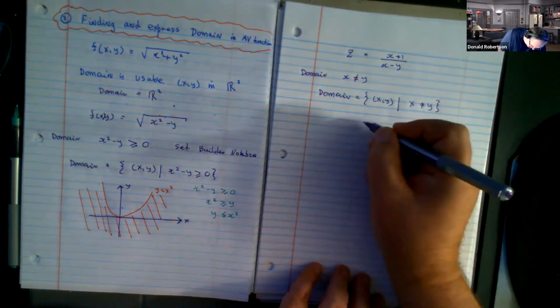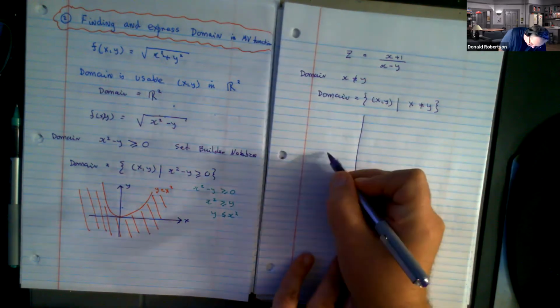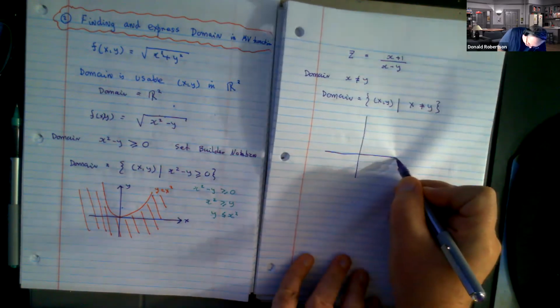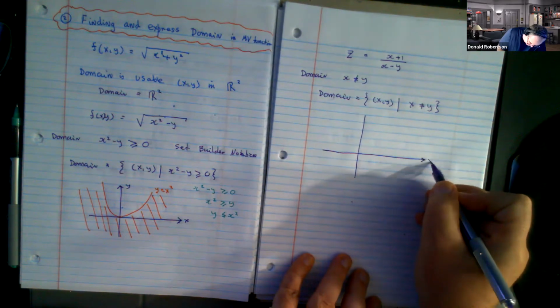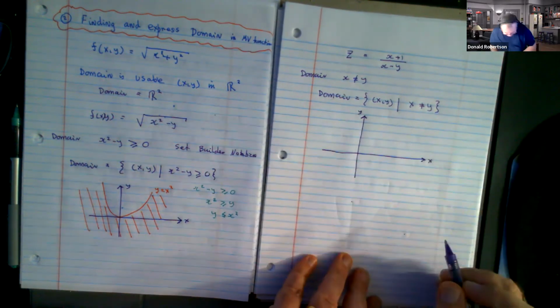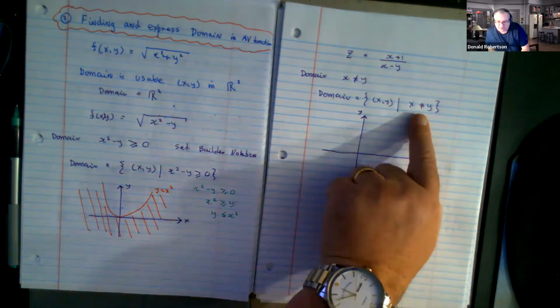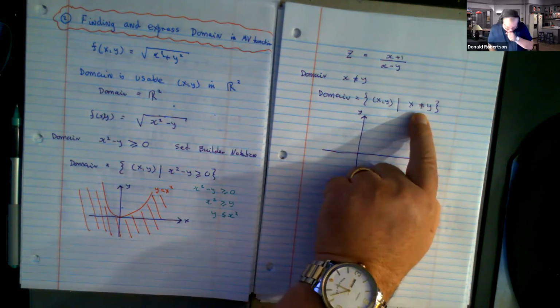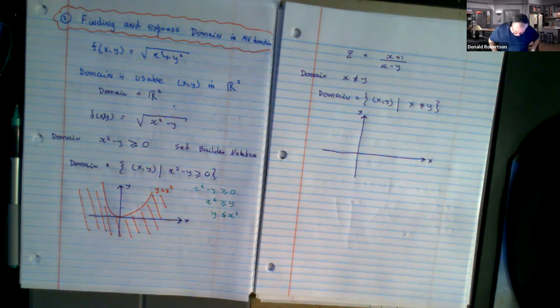So that's pretty straightforward using set builder notation. Now, if you want to visualize that, you basically have any point you like, except y equals x.